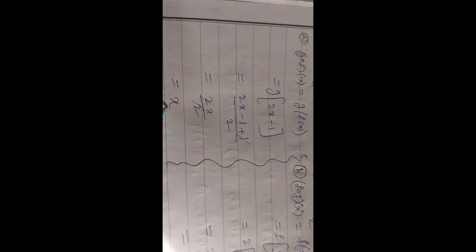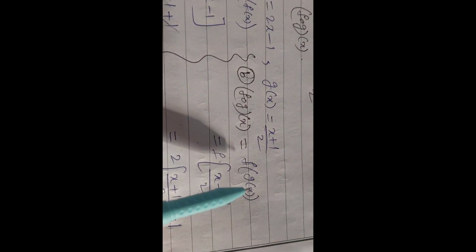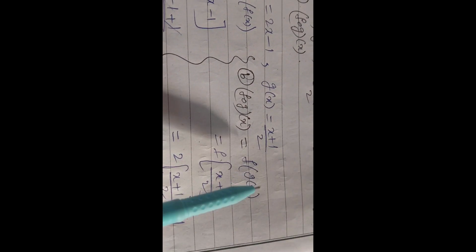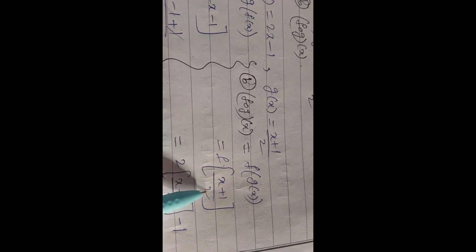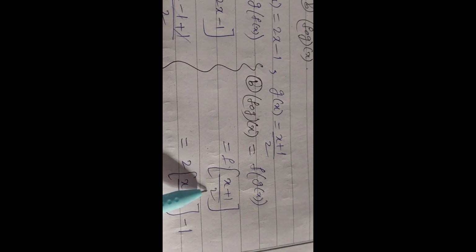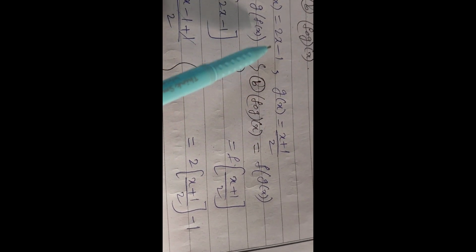Only the answer x. And now coming to f of g of x. So again we have to come from inside to outside. So inside, g of x in the place we can replace x plus 1 by 2 and outside f as it is. Next f of x plus 1 by 2 means wherever x is there you have to substitute x plus 1 by 2 in the f function.